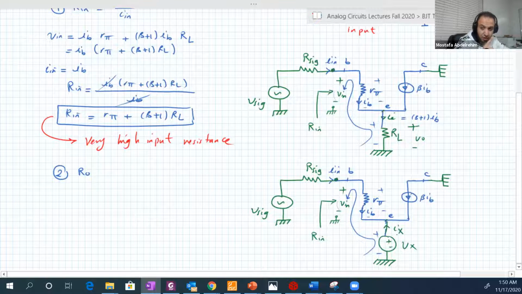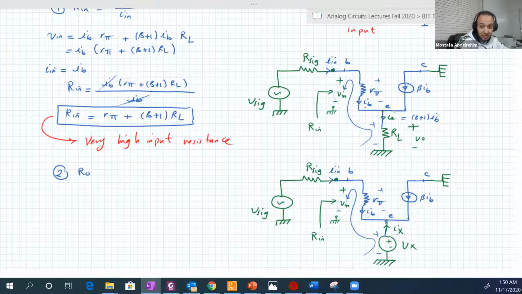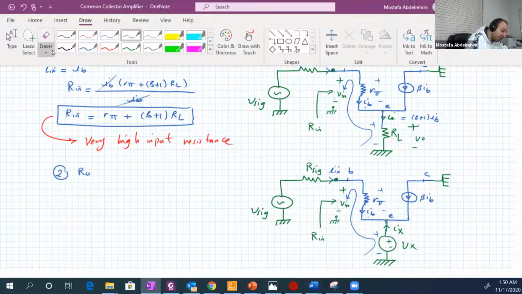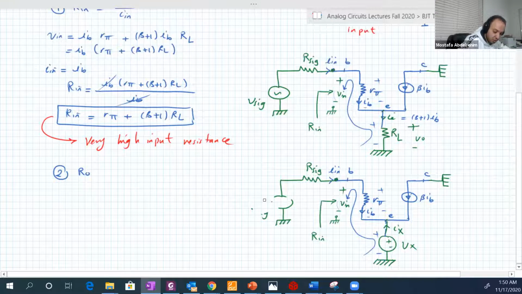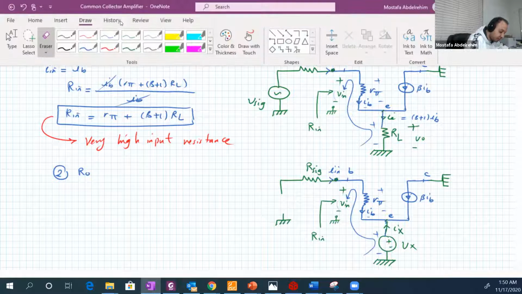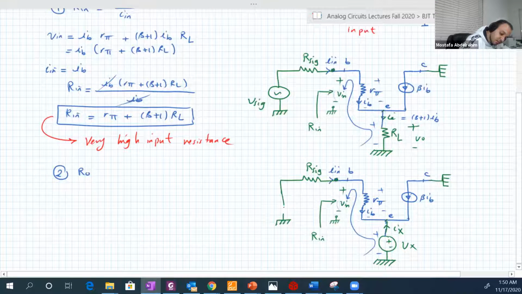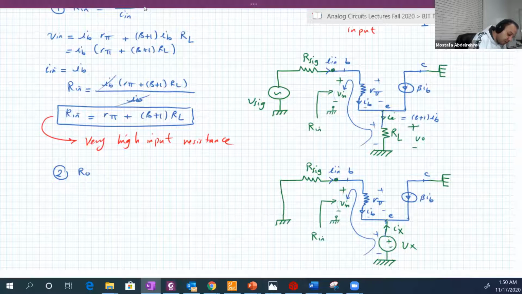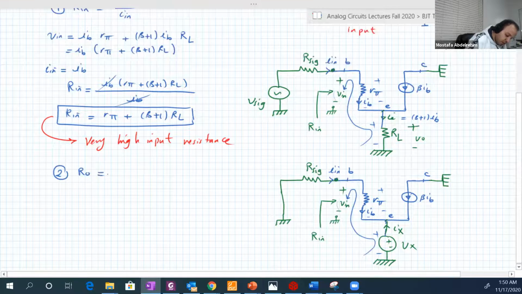And of course, don't forget to cancel the independent sources, which here is the V signal. So we should cancel V signal by shorting it. I'm going to replace this by a short circuit. Okay, good. So RO is equal to Vx over Ix.